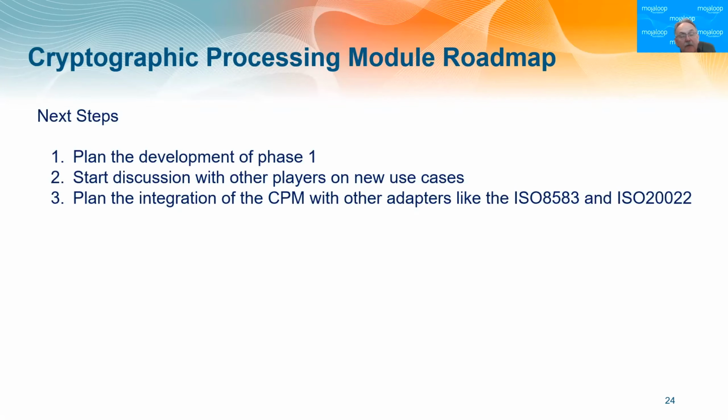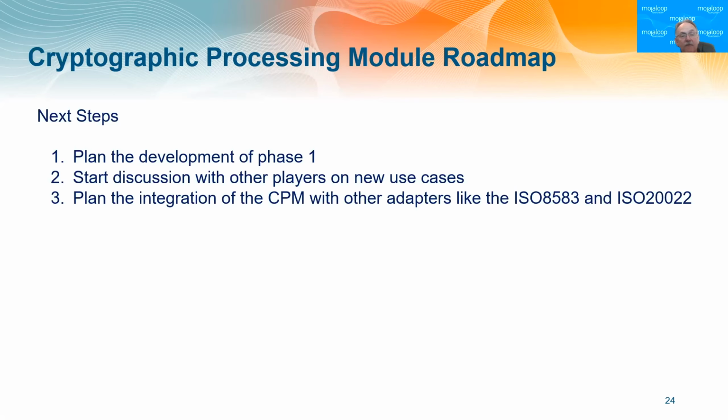Now, next steps, very soon after this, probably next week or the week after, we will start planning the development of phase 1 and work out when we can get at least a basis of the CPM up and running, so that hopefully by the next PI we can have it up and running and demoed.